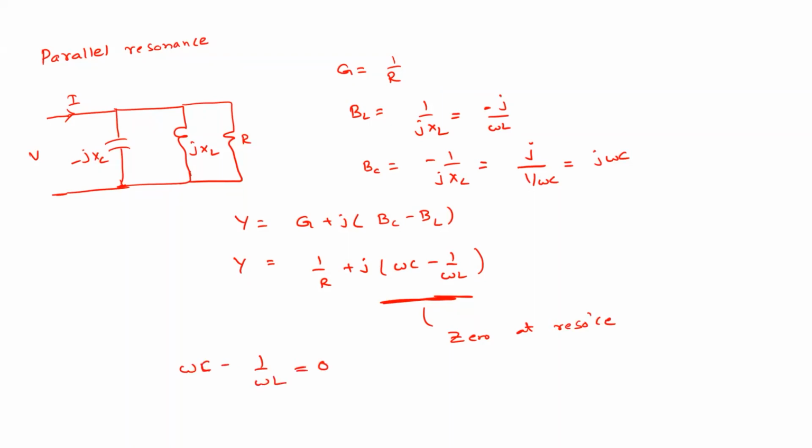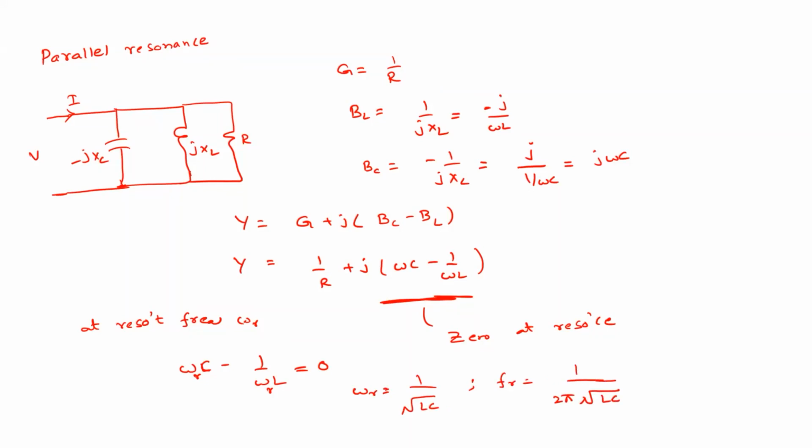So that means at resonant frequency, omega R, omega R equals 1 by root LC. In other words, FR equals 1 by 2 pi square root LC.